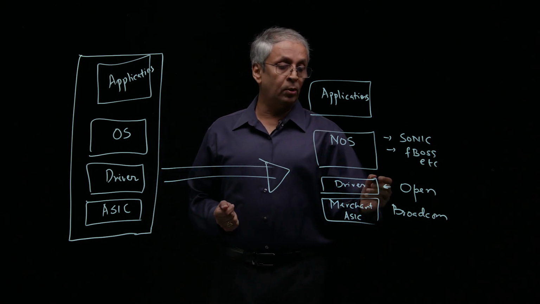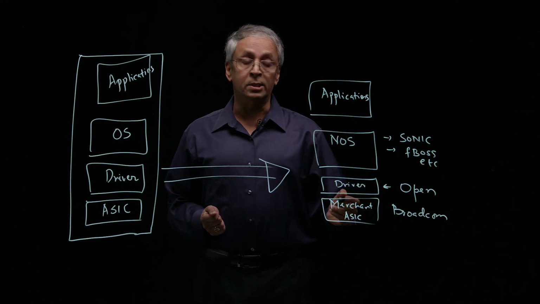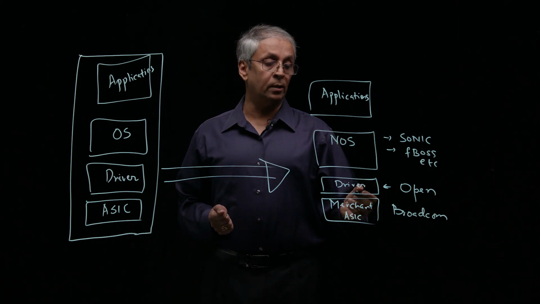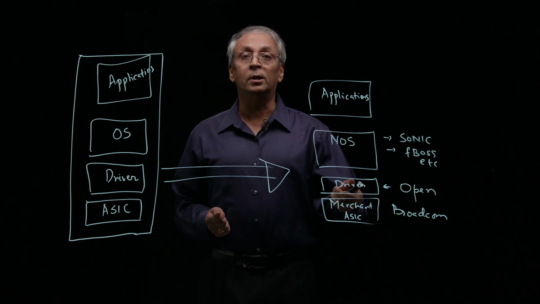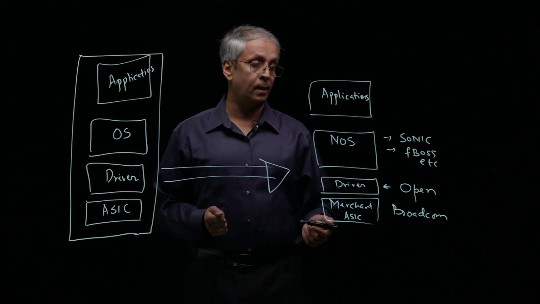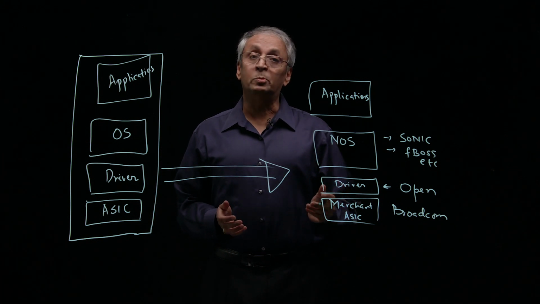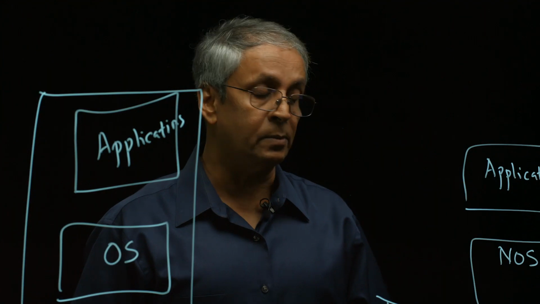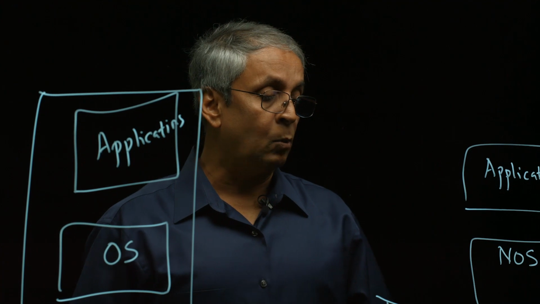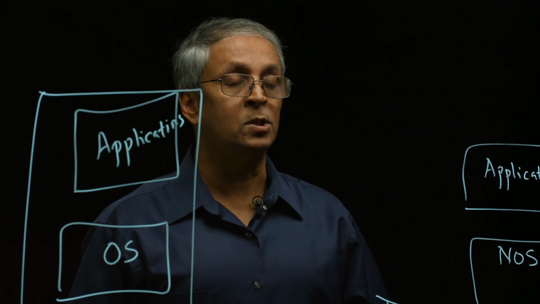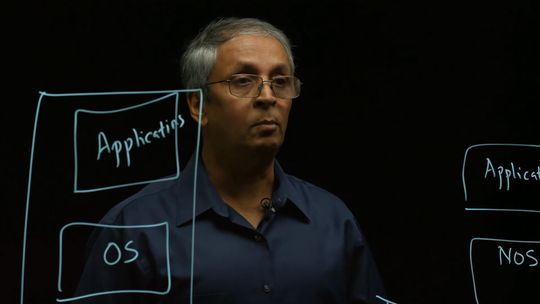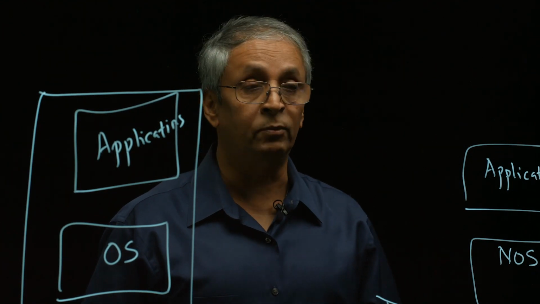Now, OpenFlow was a wire protocol that was developed to enable to configure an ASIC. OpenFlow was based on a table-based semantic, and one of the problems with OpenFlow was it was very difficult to express complex functionality using OpenFlow.